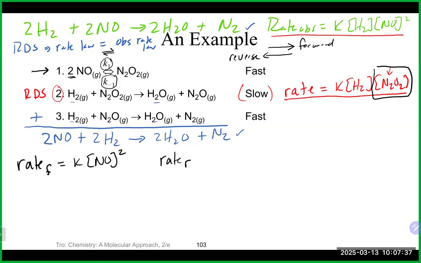I'll put an R there for reverse reaction. Now, when we're talking about this reverse reaction, it is our products going to our reactants, which means in this case, technically our products are our reactants, right? It's the starting stuff. So we would write a rate law where the rate is equal to k times N2O2. Again, because we're heading in this direction, we're starting with these.